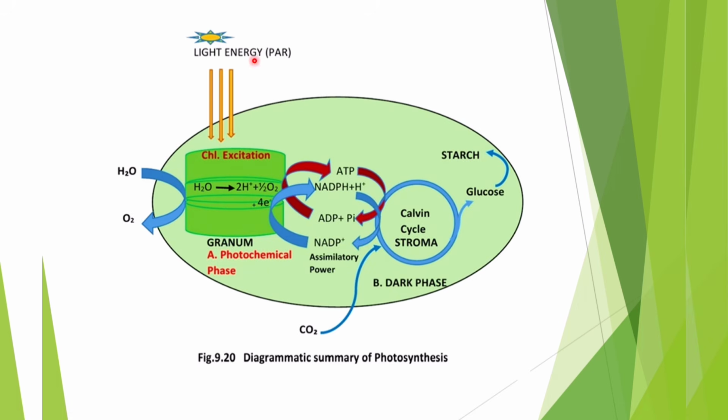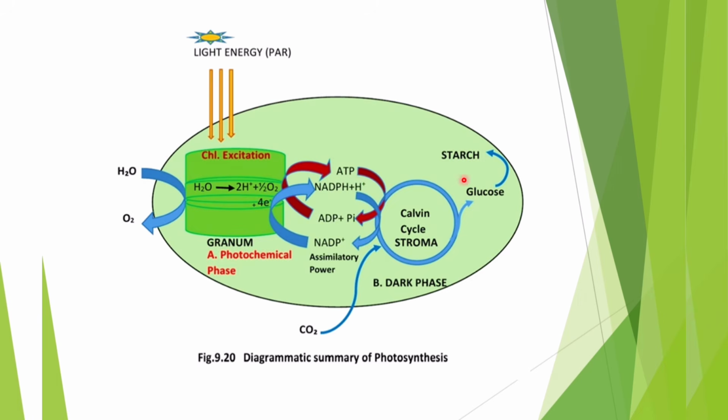So photochemical reactions result in the generation of assimilatory power, that is ATP and NADPH plus H positive. This is being given to the stroma from these thylakoids or from the granum.